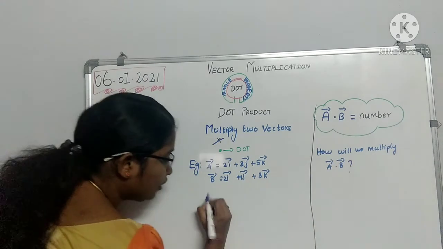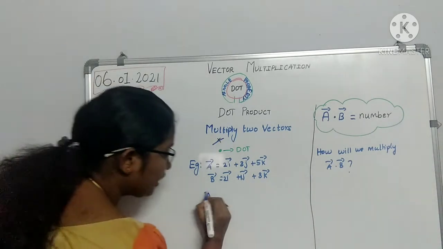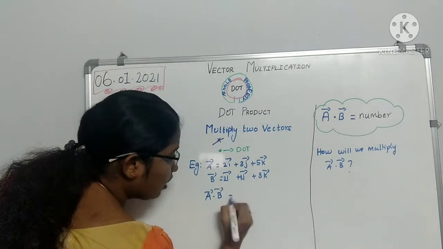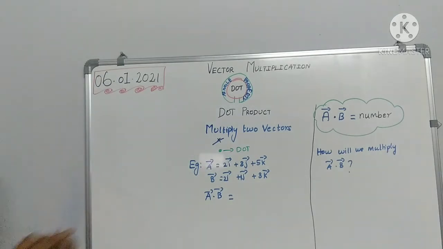So, if you want to take the product A vector dot B vector, how will you write it? Listen.